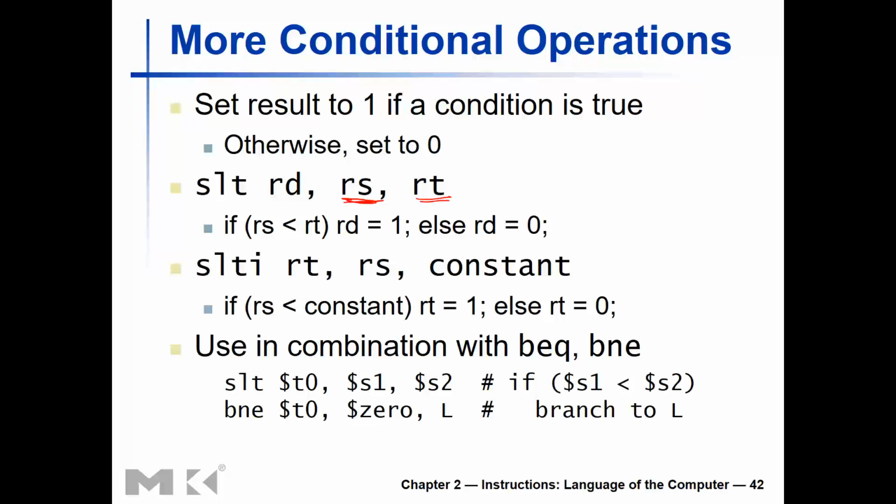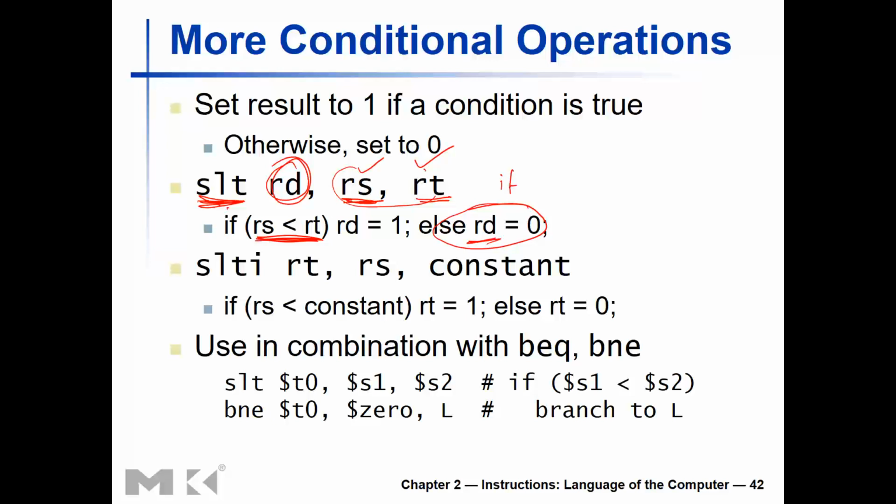If RS is less than RT, then the destination register will be 1. Otherwise, RD is set to 0. That's what the name means: set the destination to 1 if this one is less than this one.